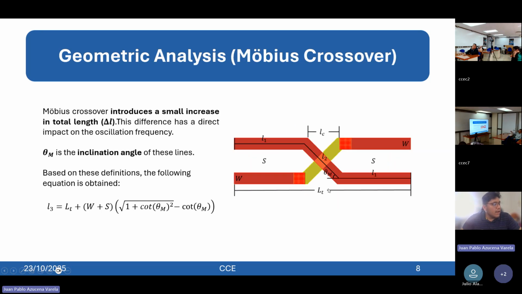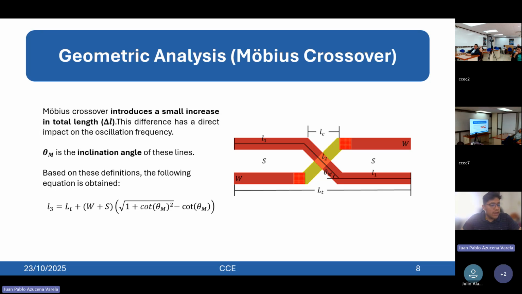Okay, here in this part, we analyze the effect of the Möbius crossover. This structure significantly increases the total electrical length and therefore modifies the oscillation frequency. The geometry introduces an inclined crossover section defined by the angle theta m, which is typically 45 degrees in CMOS technologies.